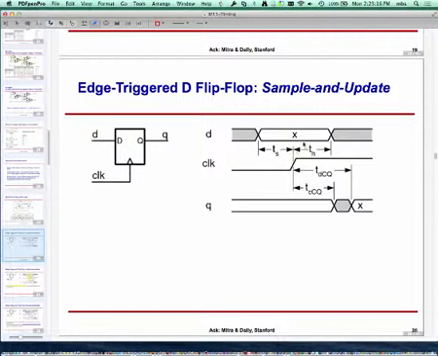There is also something called hold time, which is the other side of the story. I need some time to make the decision, so the data value should also remain stable a little bit following the clock edge. Again, this is when hold time is positive. So these are the two timing constraints that a flip-flop poses.